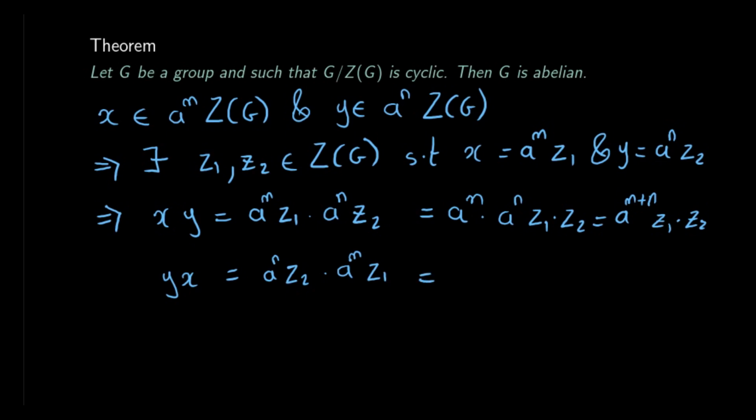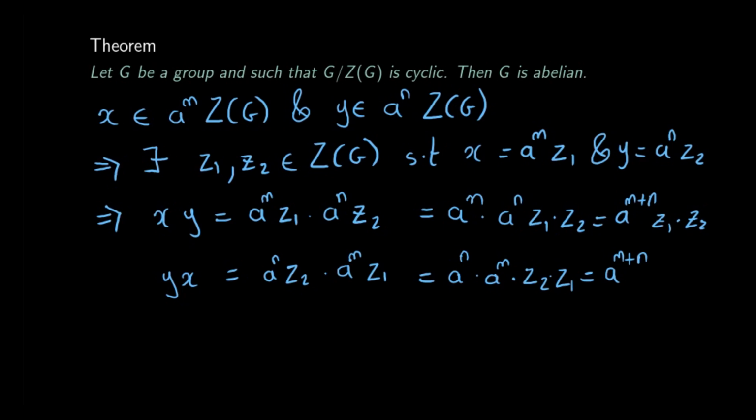Now, as Z2 is in Z of G, Z2 and A raised to M commute, which gives us A raised to N into A raised to M times Z2 into Z1. This gives us A raised to N plus M, which is the same as A raised to M plus N into Z1 into Z2.